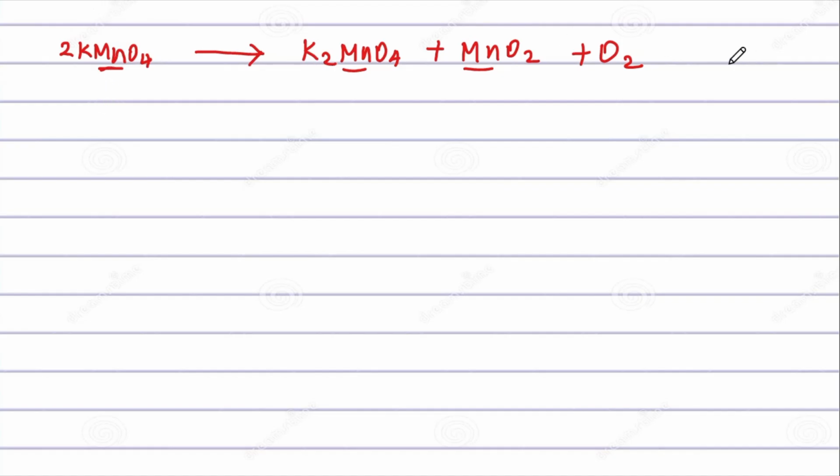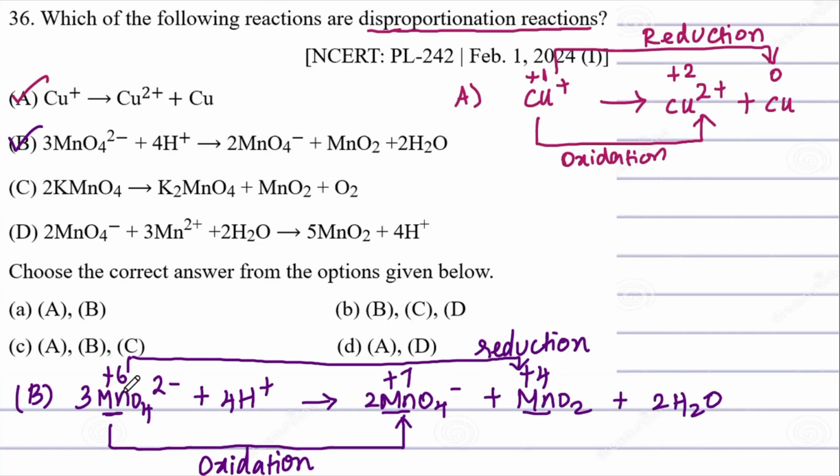KMnO4 is nothing but MnO4 minus, and K2MnO4 is MnO4 2 minus, because the cation will have the charge of plus 1. So this whole complex ion will have the charge of minus 1, and here two potassium atoms are there, so it will have the charge of plus 2. So the other part will have the charge of minus 2. So on the previous page itself, we found the oxidation state of manganese in MnO4 2 minus and MnO4 minus as well as MnO2.